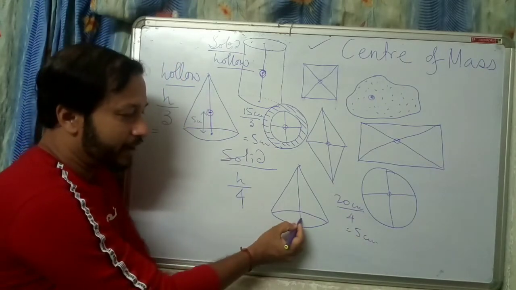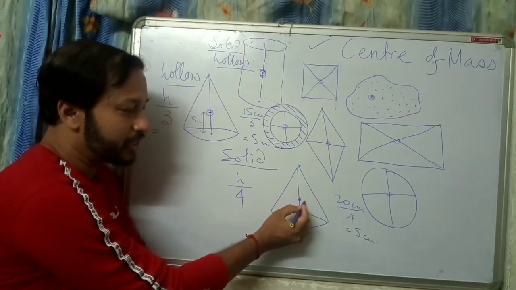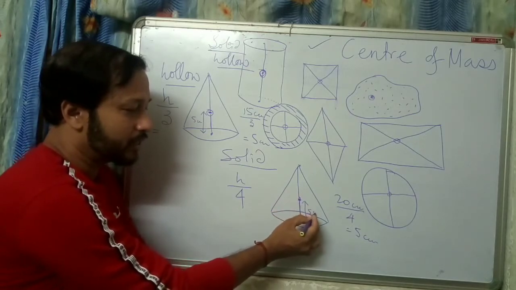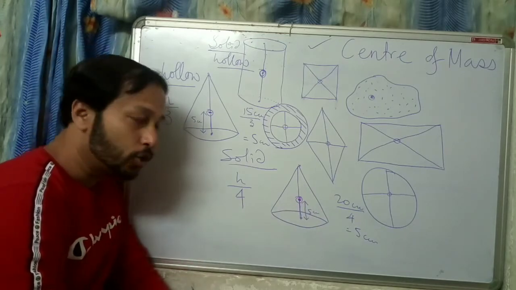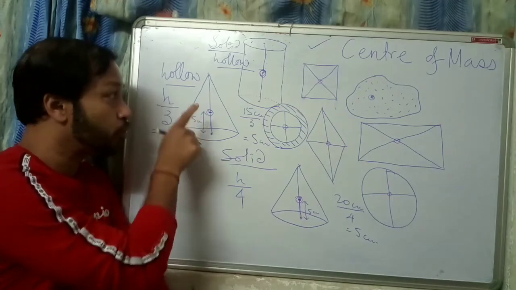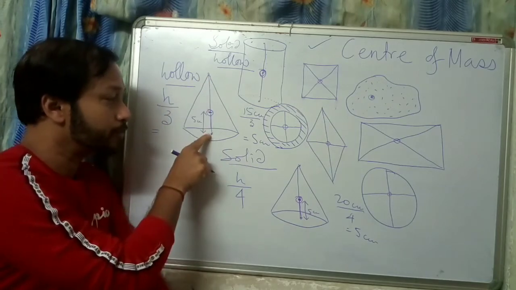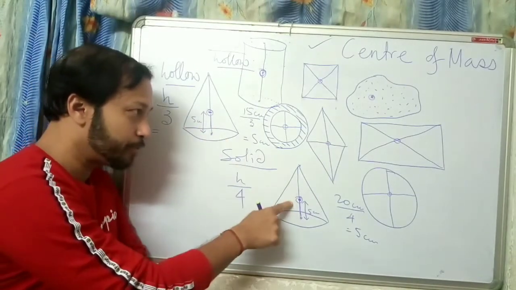So again we measure from here, say this is 5 centimeter. So here is the center of gravity. You have to measure from the base. Don't measure from here, always measure from the base. It's h by 3 for the hollow cone, and h by 4 for the solid cone.